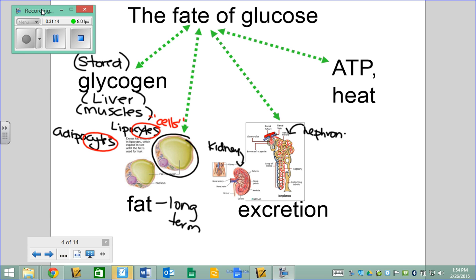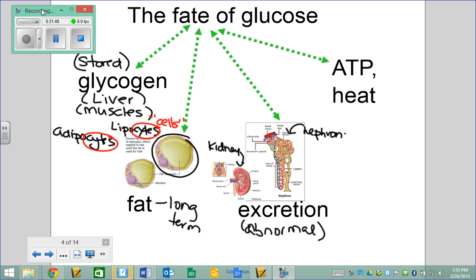Your blood flows around some tubes, and the tubes either let things from the blood in or put things back, and that's how your urine is formed. So if there is an incredibly large excess of glucose, it will be excreted. Now this is fairly abnormal. It is unusual for a person to excrete glucose. Normally, the only time you would see someone excreting glucose is if the person was diabetic.